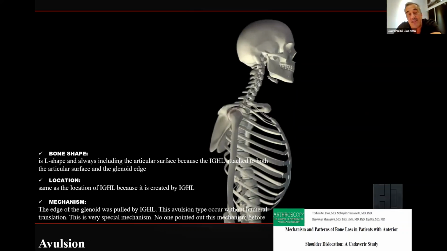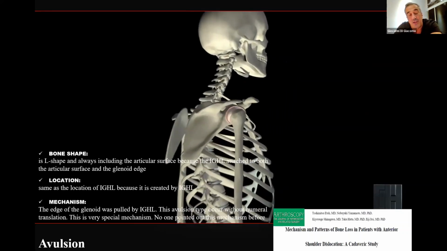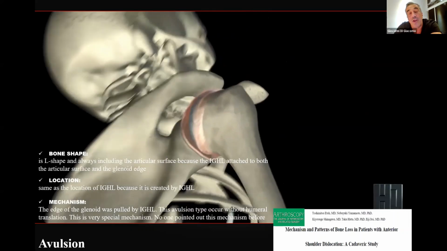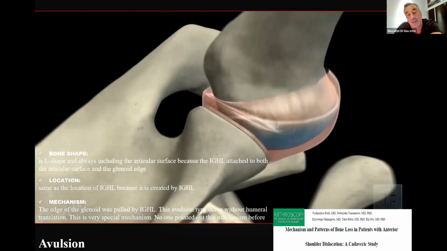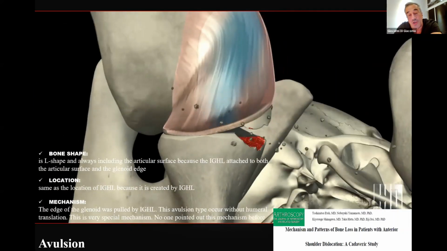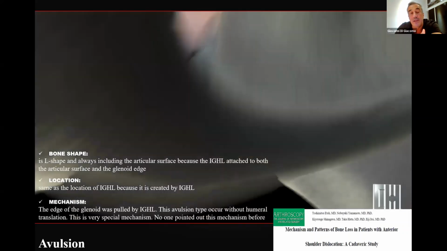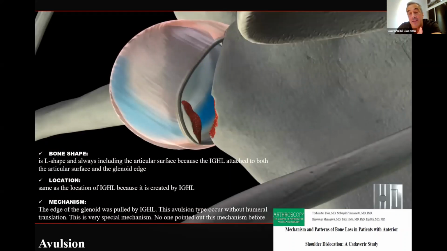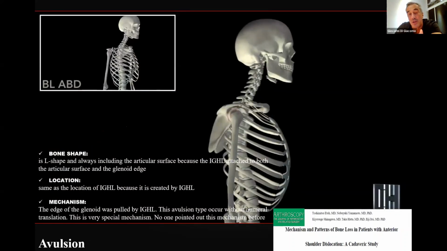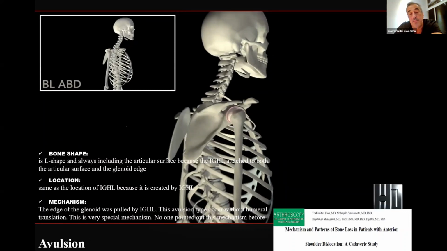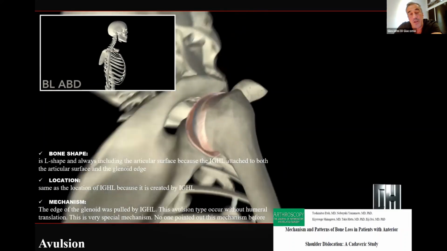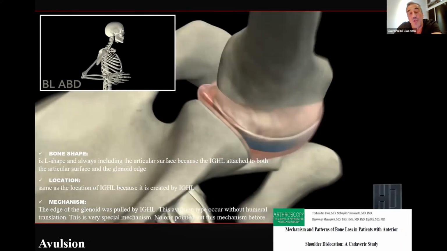Very interesting is that this kind of glenoid fracture is not related to the dislocation, but is an avulsion fracture. This is a new concept, that keeps the glenoid and the head very unstable from the bone point of view. It is called avulsion.